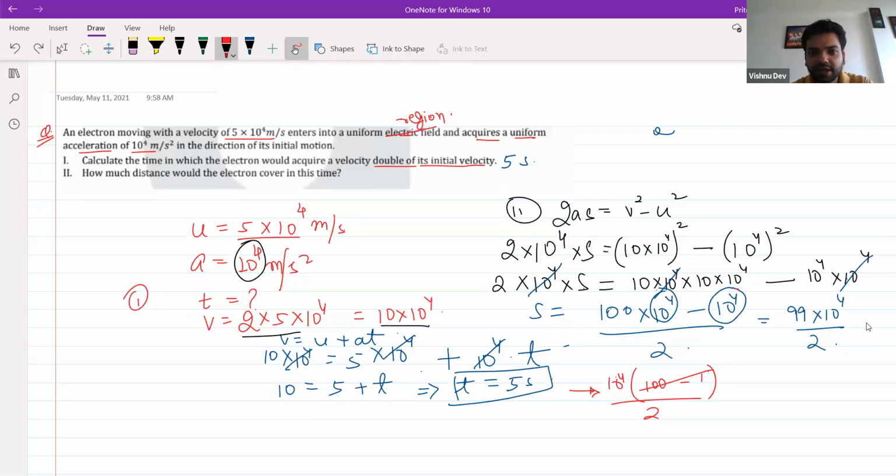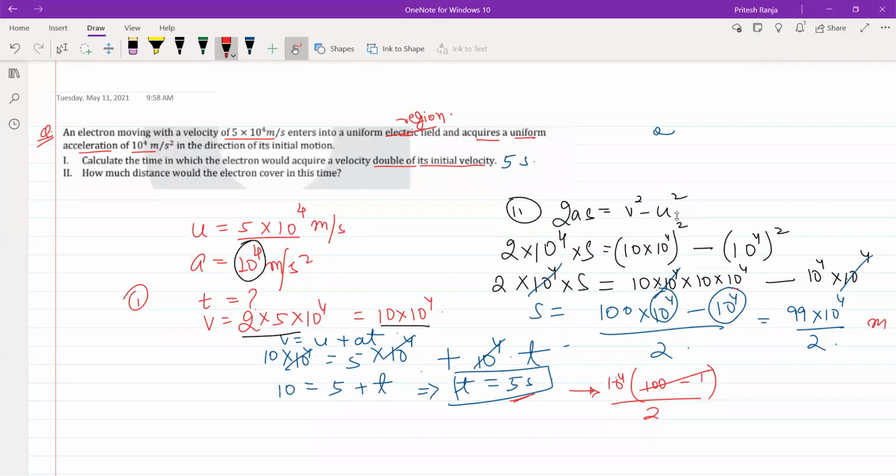Okay, this is clear. You will get this in meters and this in seconds. 375,000. Let me calculate that. So we can cut plus 10 to the 4 and minus 10 to the 4 directly. Plus, oh, no, you cannot do that.